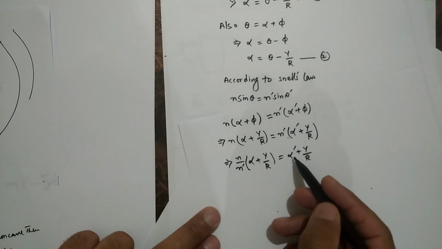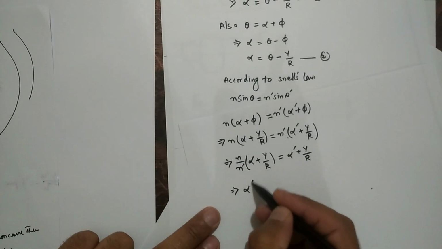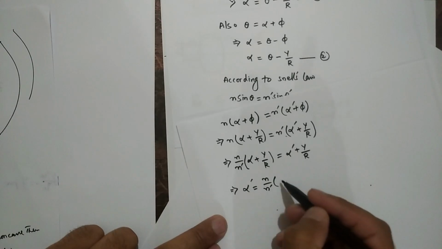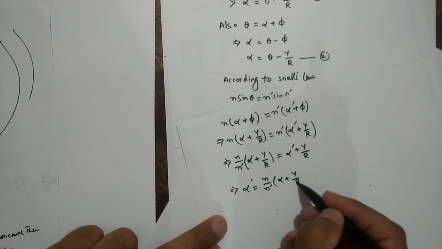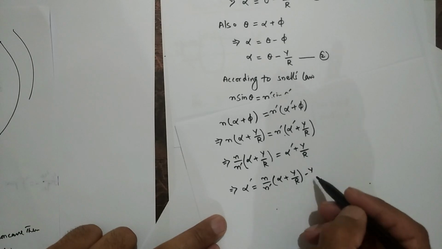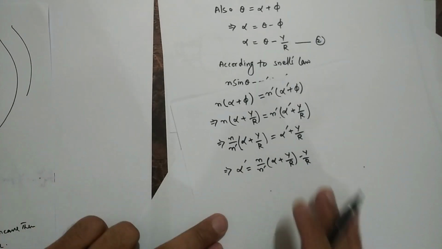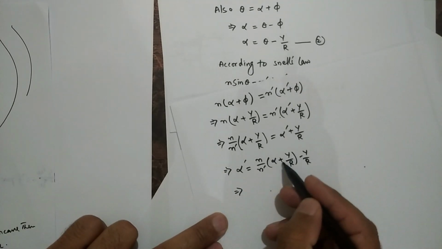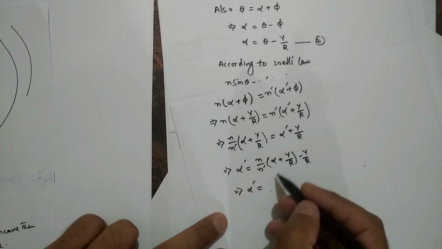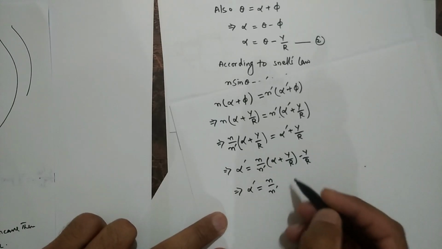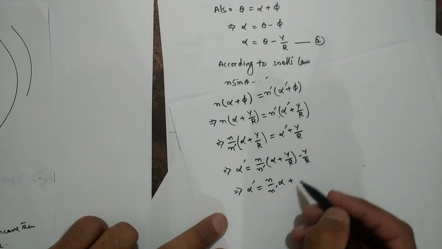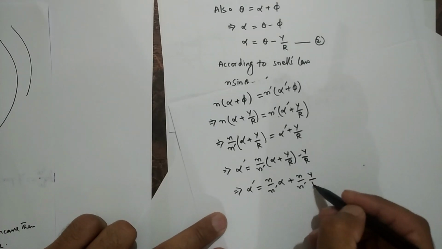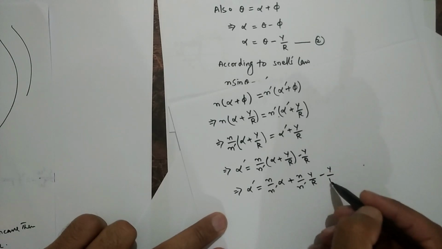From this equation, the value of alpha prime will be equal to n upon n prime into alpha plus y upon r minus y upon r. So multiplying this term with these two, this will be alpha prime is equal to n upon n prime times alpha plus n upon n prime times y upon r minus y upon r.